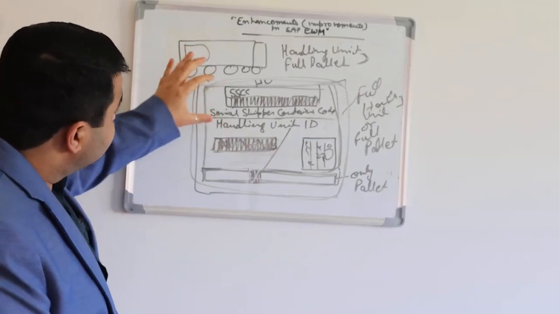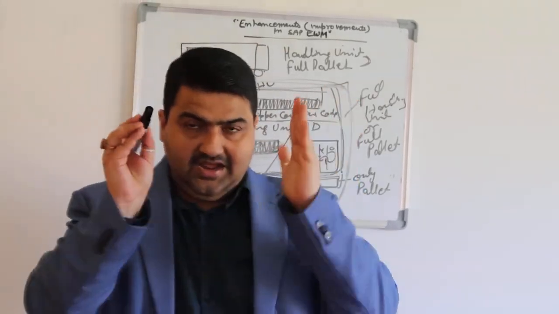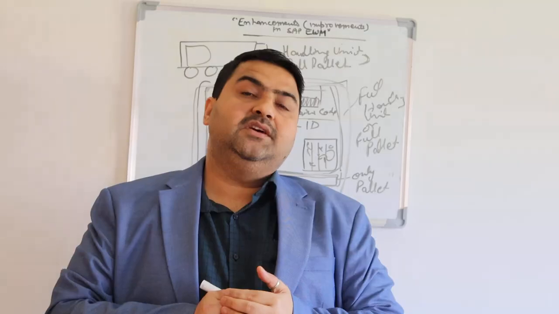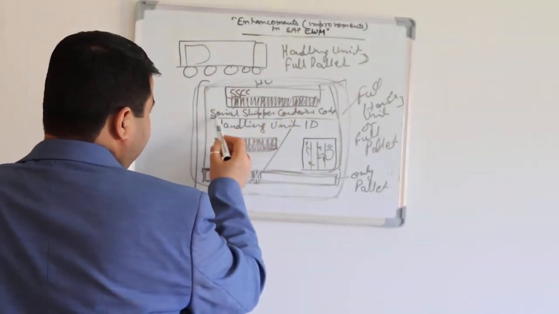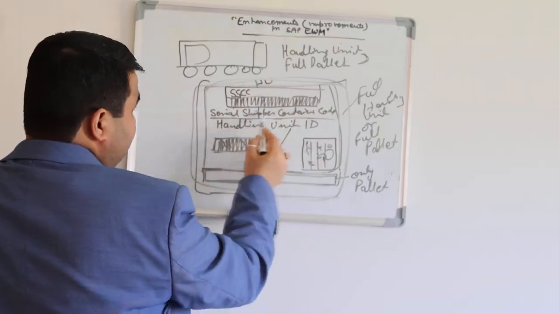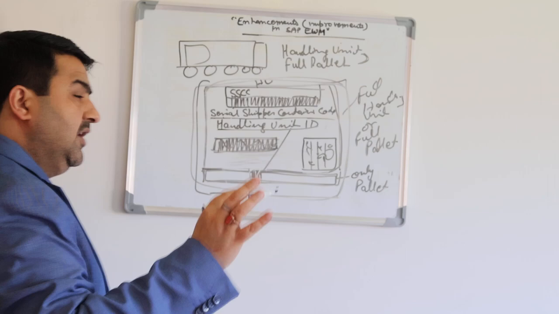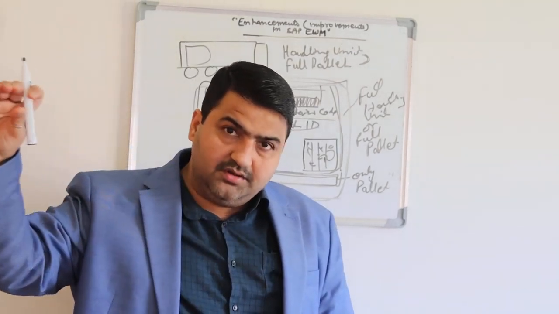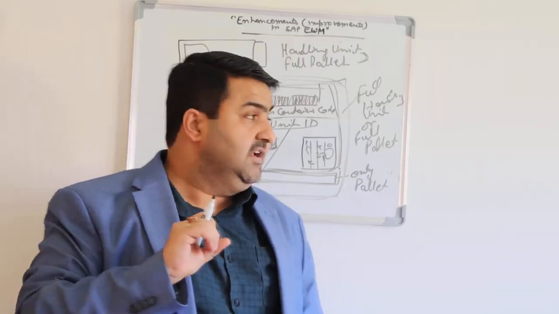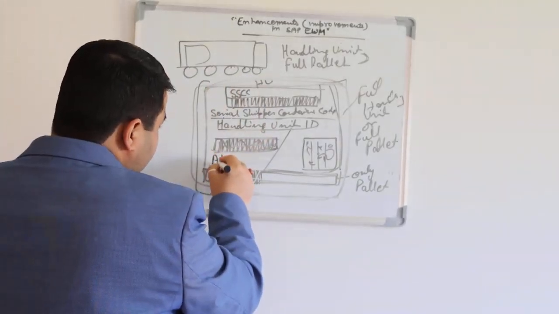Till last week we were receiving the multiple handling units and products from the vendor or supplier with the normal serial shipper container code, which is the handling unit ID. But from last week the vendor sent us one more barcode with additional information.